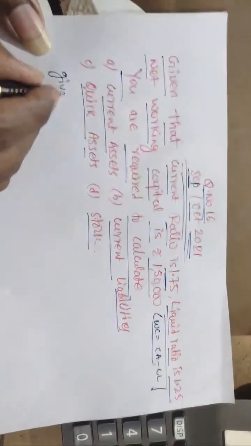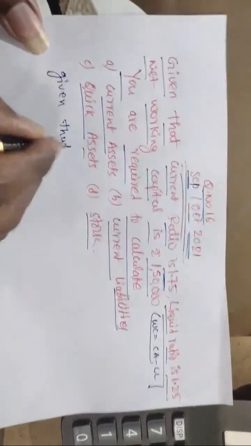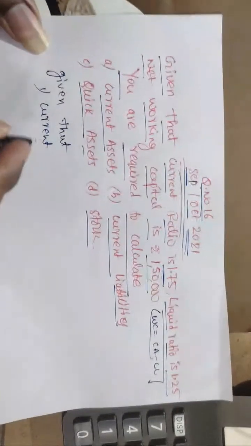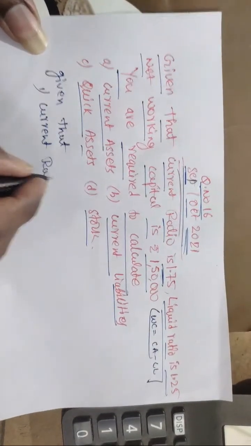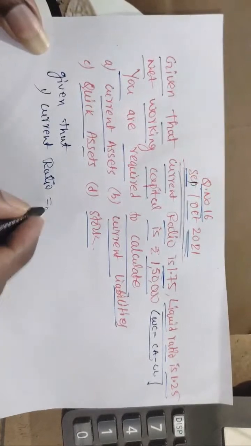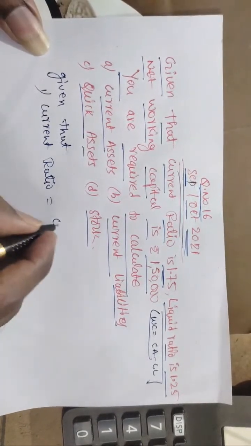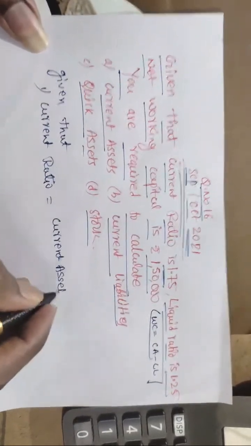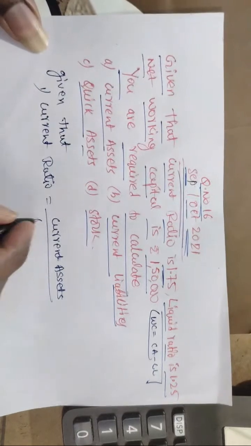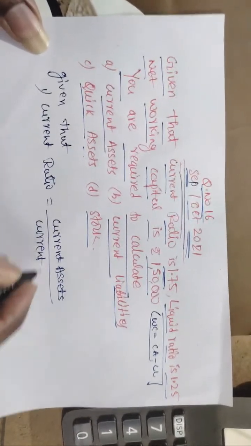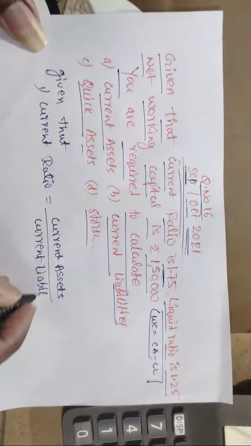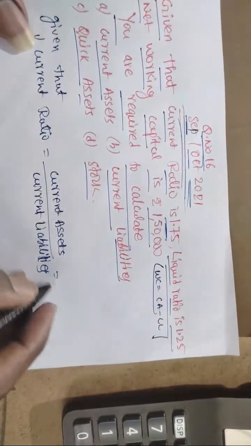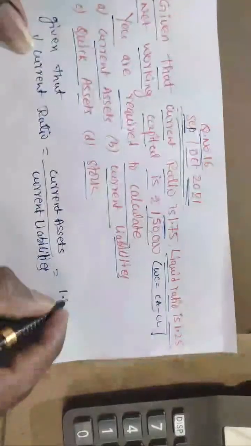Given that current ratio equals current assets divided by current liabilities equals 1.75.